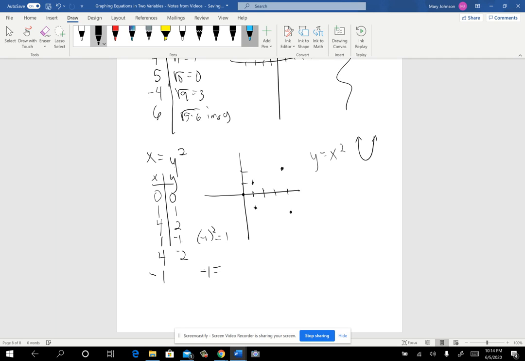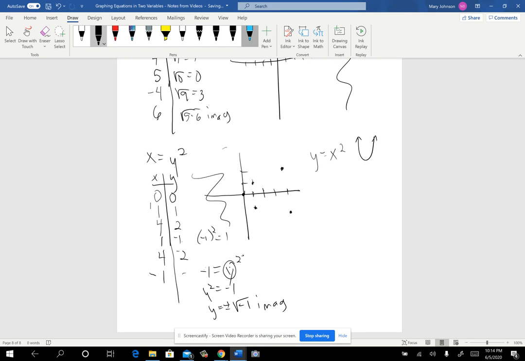If I put a negative 1 in for x, I have something being squared trying to be equal to a negative 1. You know, y squared equal to negative 1 means y would have to be plus or minus the square root of negative 1. That's imaginary. And even though we can write plus or minus i for that, we can't plot that in a real number coordinate plane. So there's no points over here.